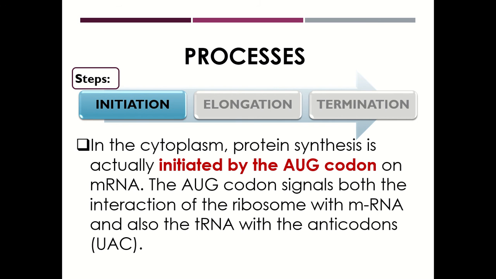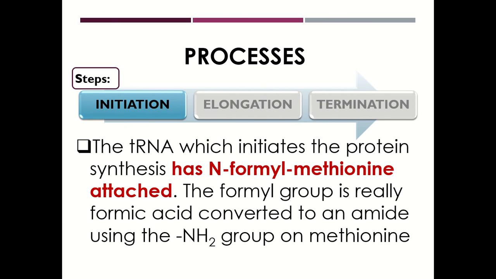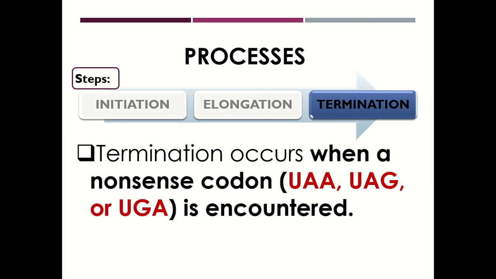That signals the ribosome with the mRNA, and also the tRNA with the anticodon UAC. On initiation, N-formyl methionine is attached, which signals the start of the process. During elongation, the polypeptide chain adds amino acids, so amino acids are added. And for termination, this tells us when it is time to stop, when there is a nonsense codon.